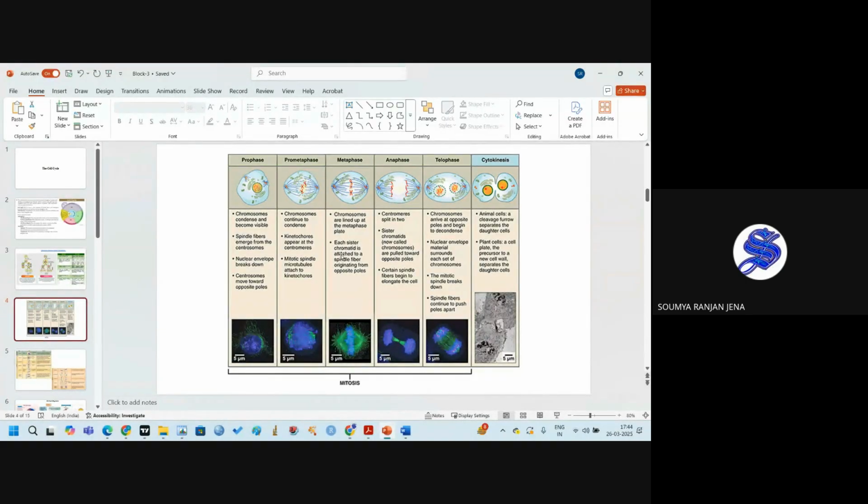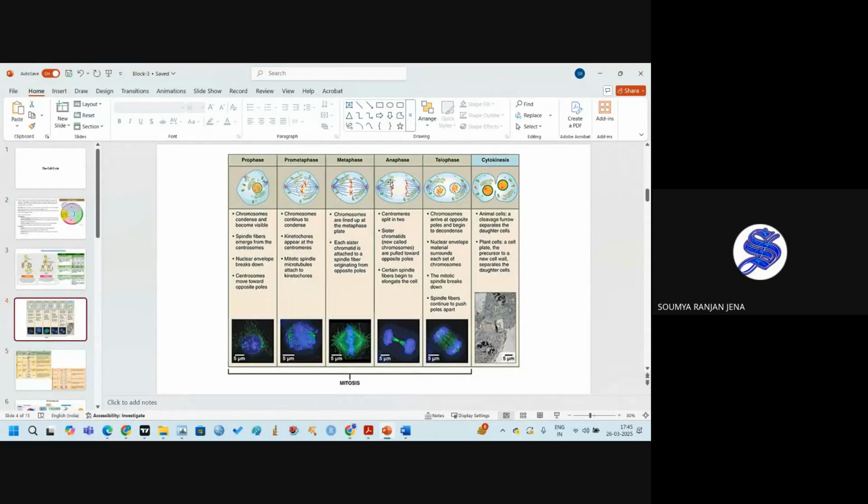Then each sister chromatid is attached to the spindle fiber originating from the opposite pole. These are attached to the different sides of these chromatids. And in anaphase, the centromeres are split into two, this is one centromere and another is one centromere, and the sister chromatids are now called chromosomes.